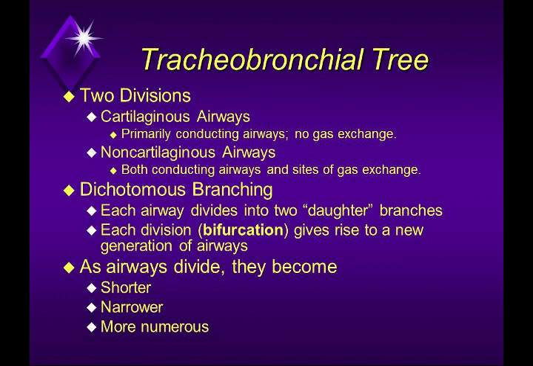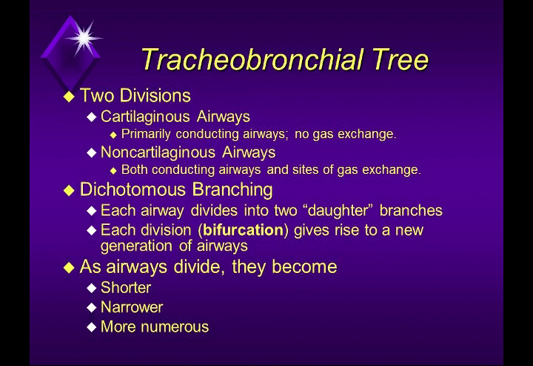So your trachea, your bronchi, your bronchioles, the only thing they're there for is to move gas. The non-cartilaginous airways are basically the ones that are distal to that, and these do have alveoli or alveolar pouches branching from them. So there is some gas exchanging in the non-cartilaginous airways as they go.